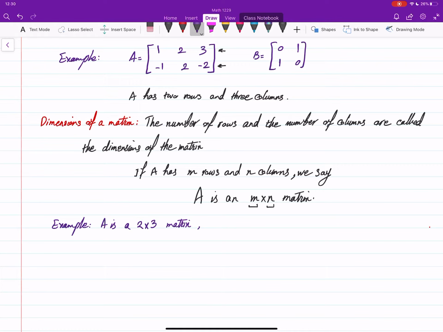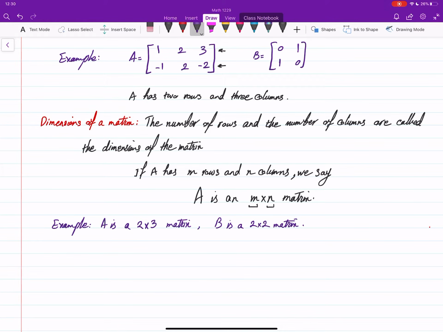Or the B we have there, it has 2 rows and 2 columns. So it is a 2 by 2 matrix. This is the first thing you see in the matrix, the number of rows and number of columns. Then you want to go in and see more details.